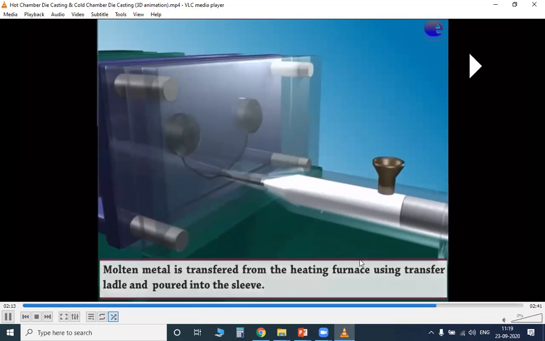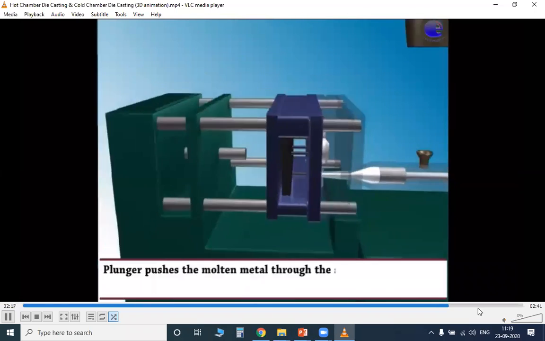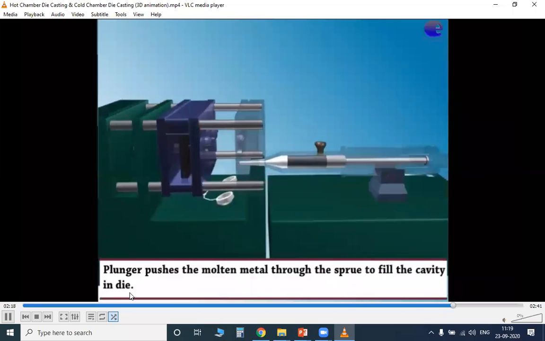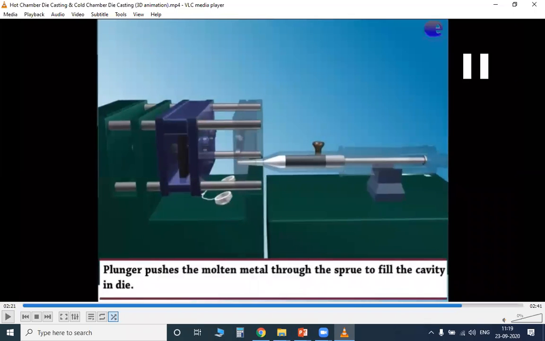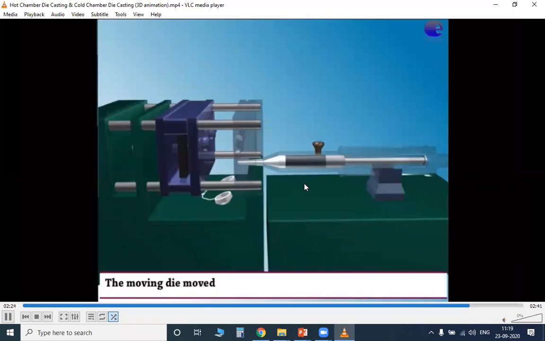The plunger pushes the molten metal through the screw to fill the cavity in the die. Until it solidifies, the plunger stays in its own position and won't change. Then the moving die moves back and the casting is ejected by the ejector pins. This is what happens in cold chamber die casting.